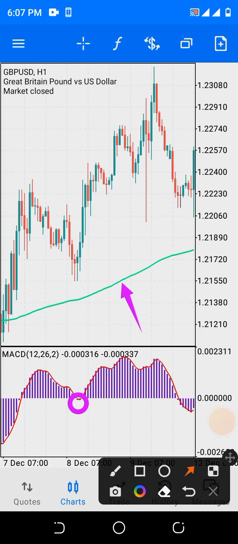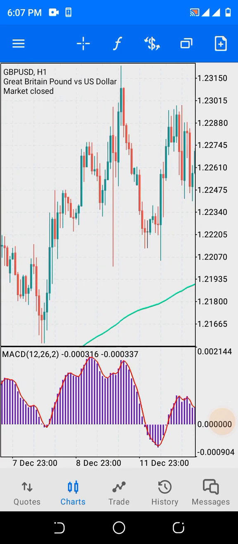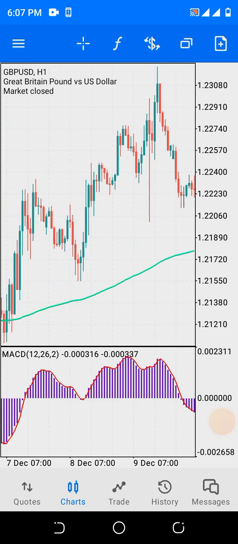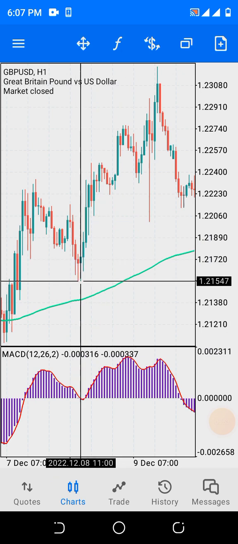Here should be our entry. So now the question is, where should our stop loss be? Now let me explain. Pay attention. Our entry should be here.